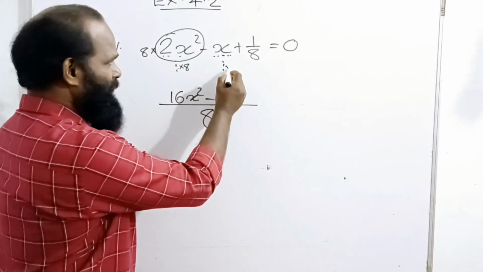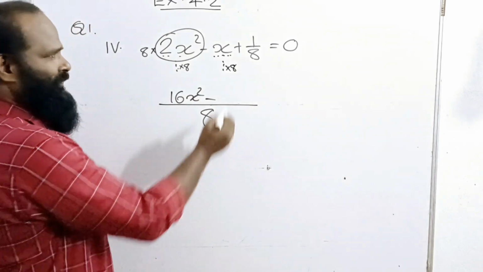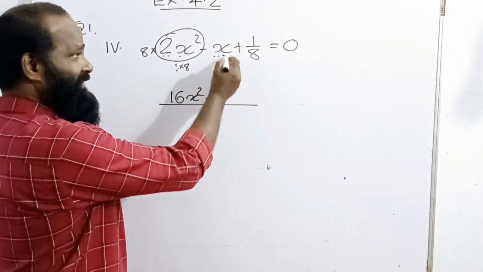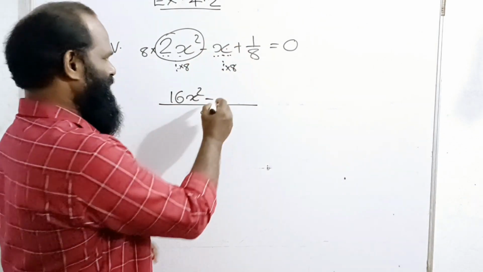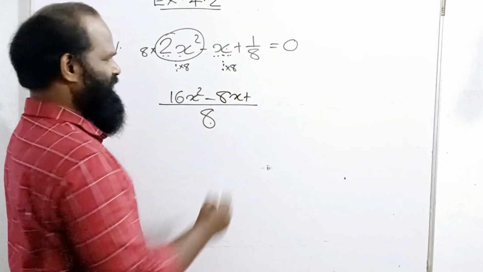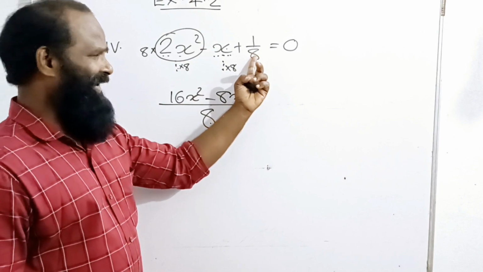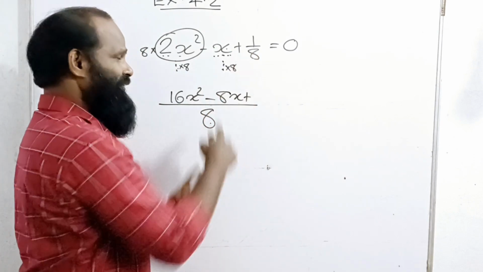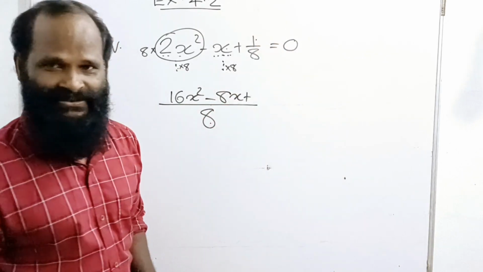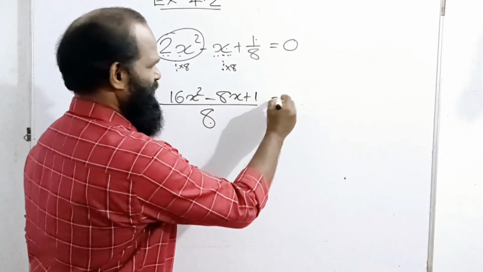That means 1 is multiplied with 8. When 1 is multiplied with 8, this one is also multiplied with 8. So x into 8 is 8x. Plus, the denominator here is 8 and the LCM is also 8. Since they are the same, you don't have to make any change in the numerator. That remains as it is, equal to 0.